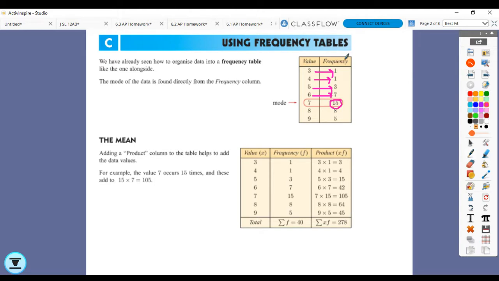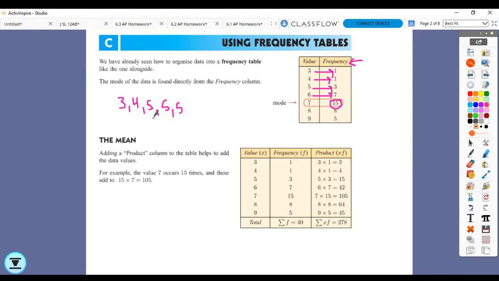So you want to make sure when you're looking at your tables, if the second column says frequency, you've got to pay attention. If you wrote all these out, you'd have a 3, then a 4, then a 5, 5, and so forth.